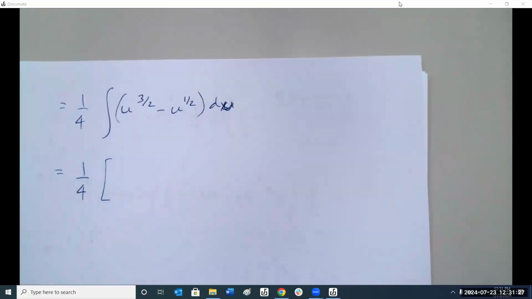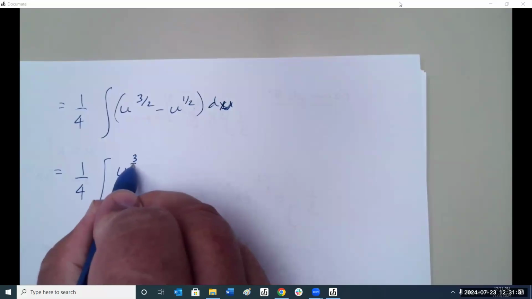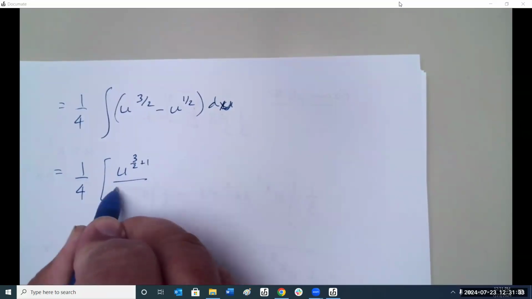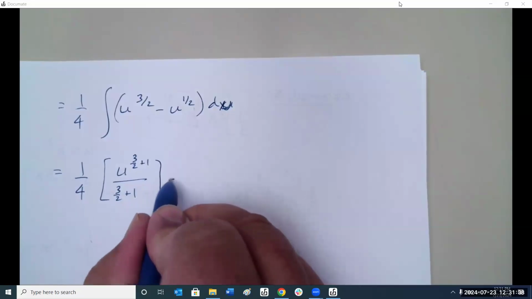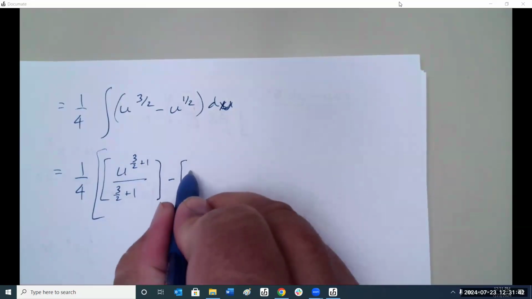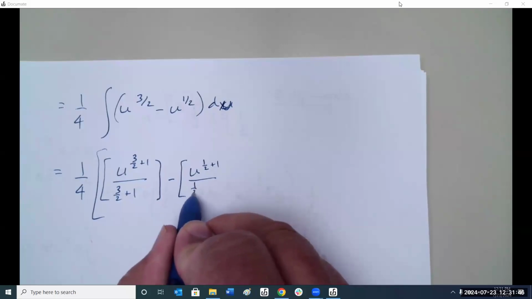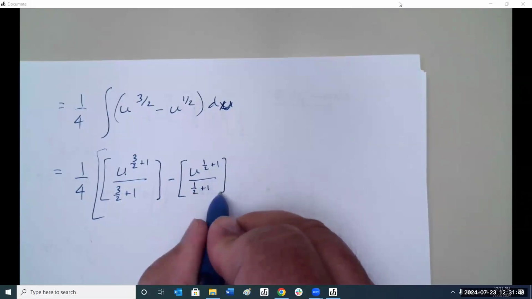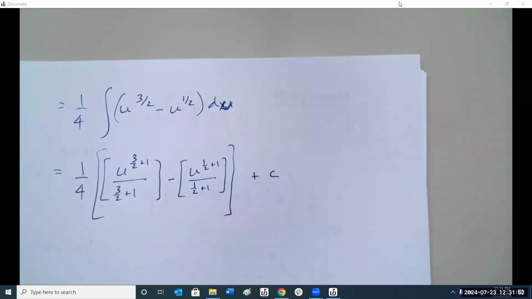What does this one become? u to the 3/2 plus 1 over 3/2 plus 1, minus u to the 1/2 plus 1 over 1/2 plus 1, plus c.